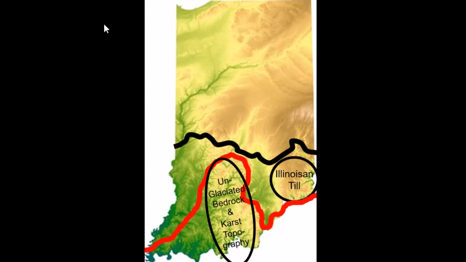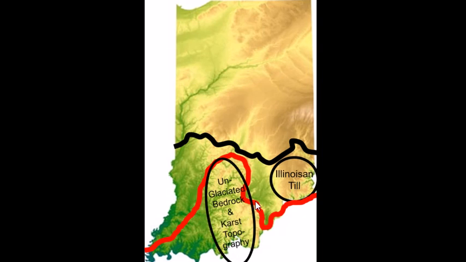It's all throughout the whole state, but it's been essentially buried underneath all the sediment in the northern part of the state from the glacier. So in this unglaciated part, if the glacier had made it all the way down, this limestone would be buried underneath all that sediment. You wouldn't be able to go caving in this area because you wouldn't be able to even access a cave or cavern and go spelunking.